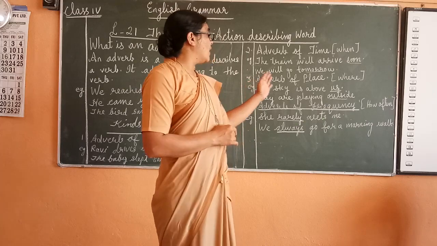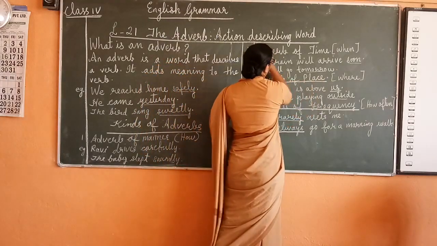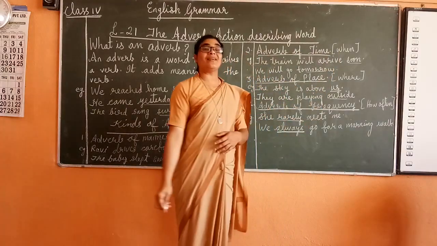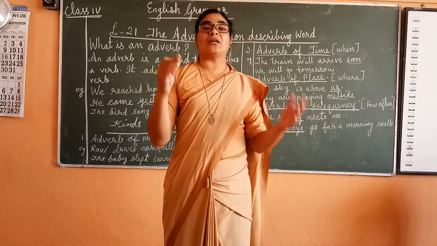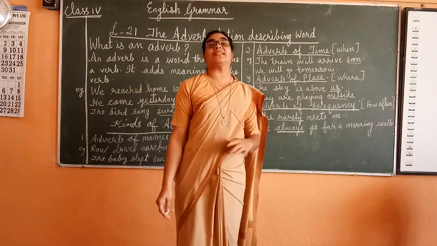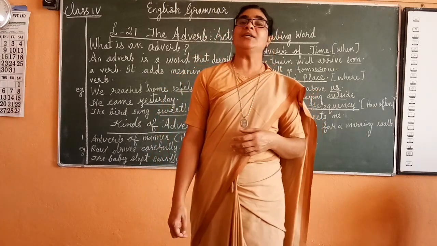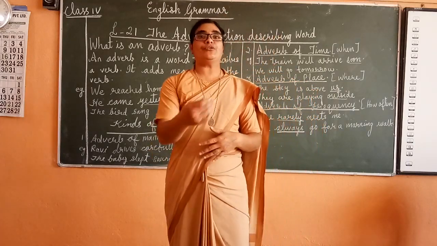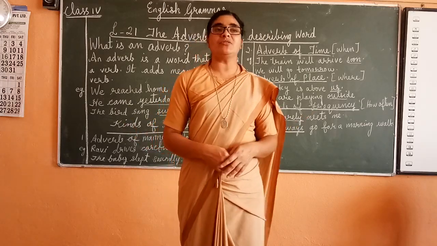Third, adverb of place, where an action takes place, specifically a place. And the fourth one, adverb of frequency, how often or how frequently an action takes place or is going to take place. So this is all about the adverb.